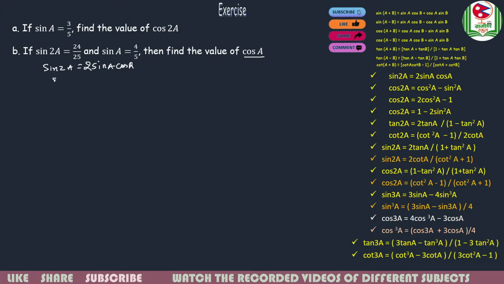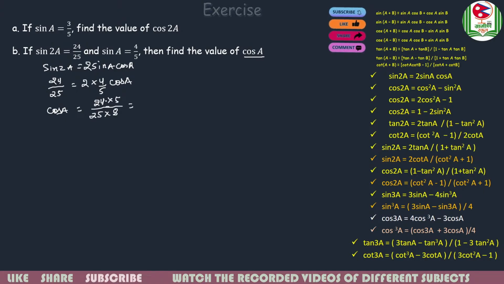So sin 2A equals 24/25 equals 2 into sin A, which is 4/5, so write 4/5 into cos A. On simplifying we will get cos A equals 24/25 into 5/8.